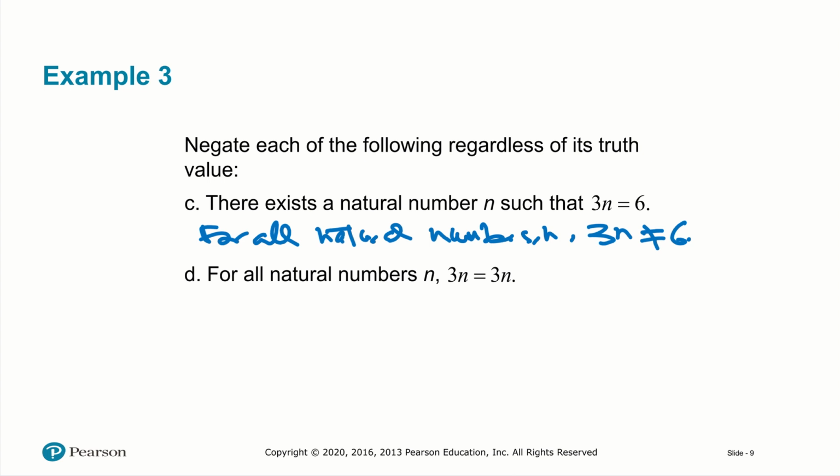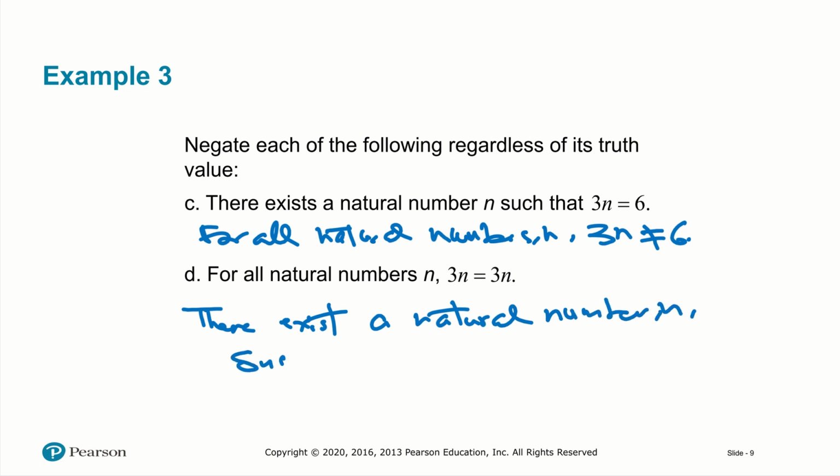All right, so remember, to negate something that's being stated for all of a class, all you have to do is say there exists a natural number n such that this doesn't hold. In other words, 3n does not equal 3n. All right.